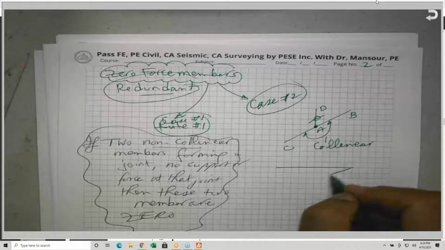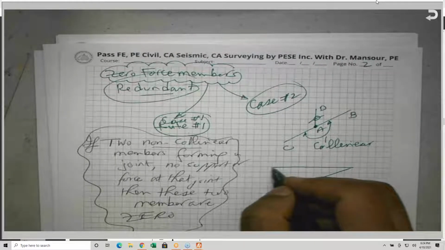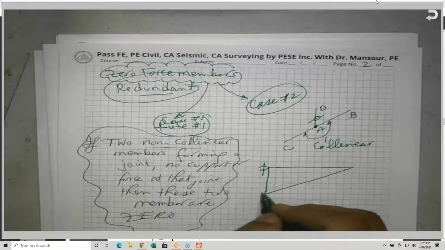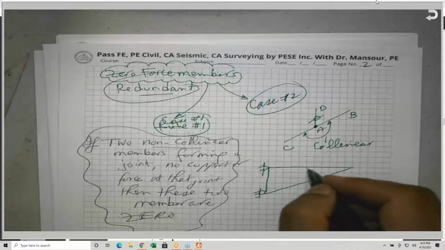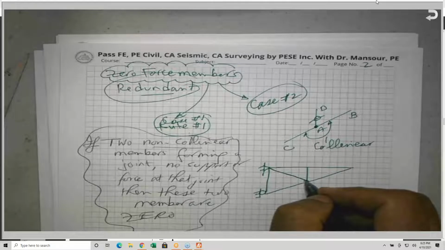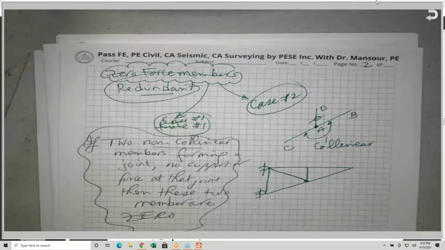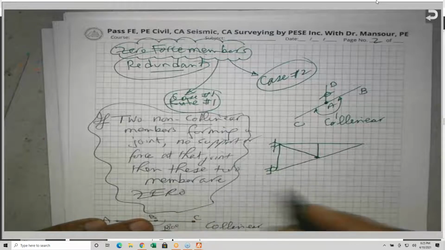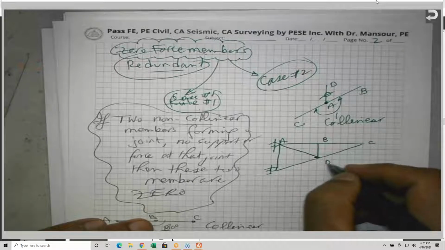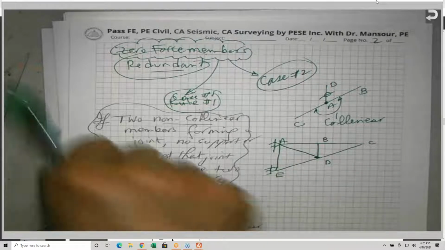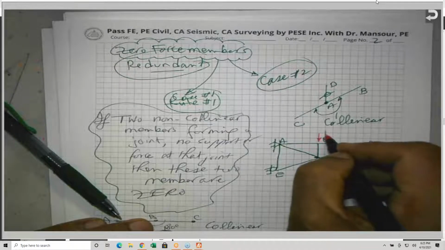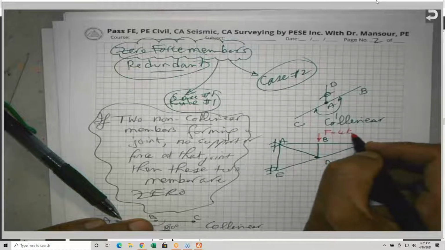Let me make a very quick truss for you. This is A, B, C, D, E, and assume that I have only one force acting at joint B, F equal to 4 kips.